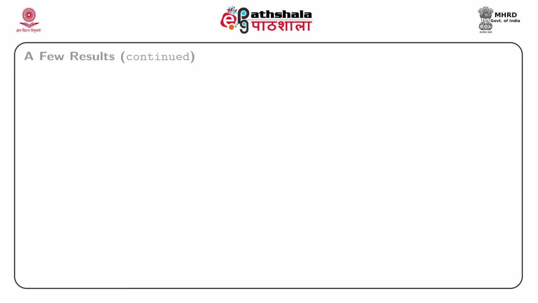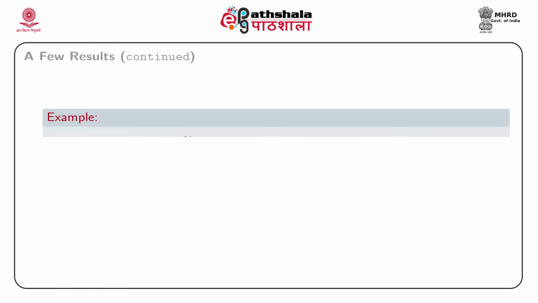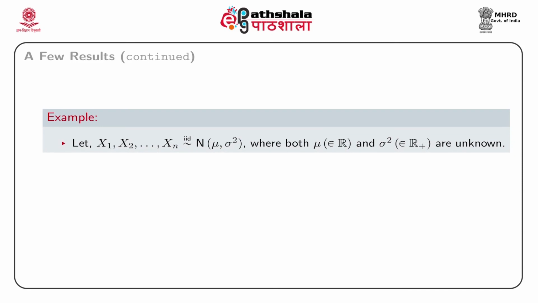Let us consider an example. Suppose X1, X2, up to Xn are IID normal random variables with parameters mu and sigma square. Here theta equals (mu, sigma), and both mu and sigma are unknown. Mu belongs to the real line, sigma greater than 0.